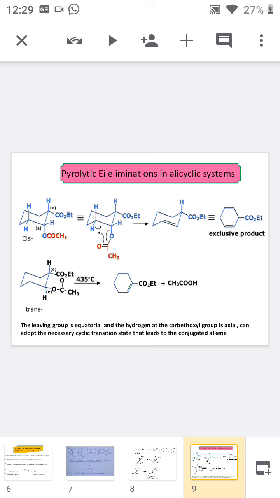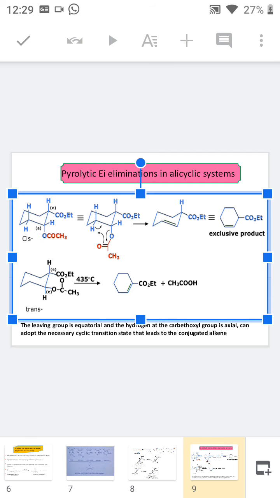And here OCOCH3 forms a transition state with the neighboring hydrogen atom in the equatorial position, and after that the molecule is eliminated to form a double bond, and we will get this product in which the carbonyl group and alkene are conjugated to each other, so the product is more stable.